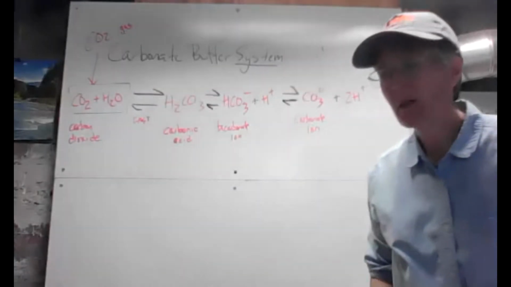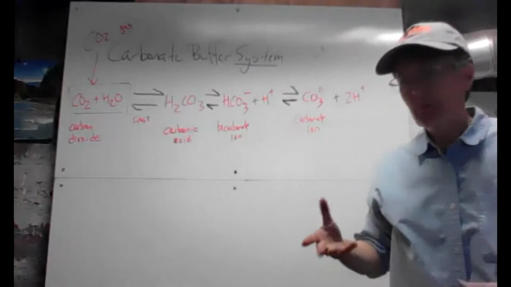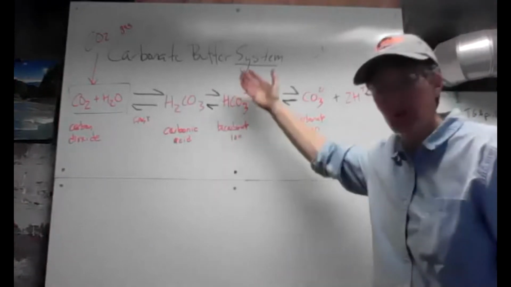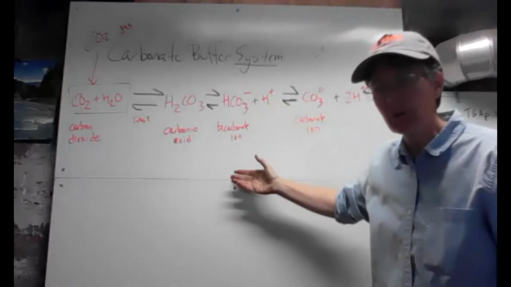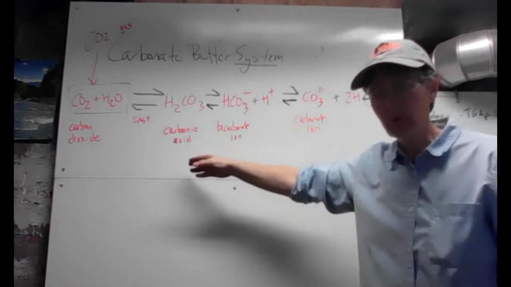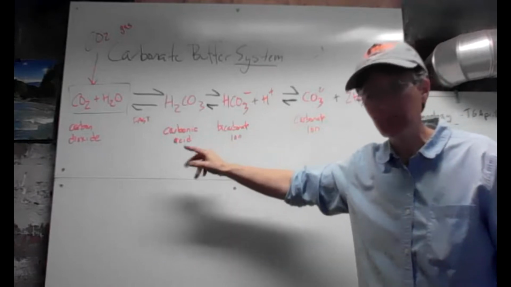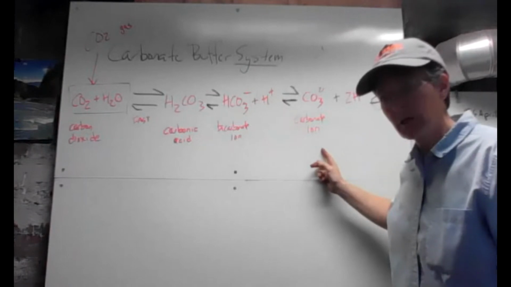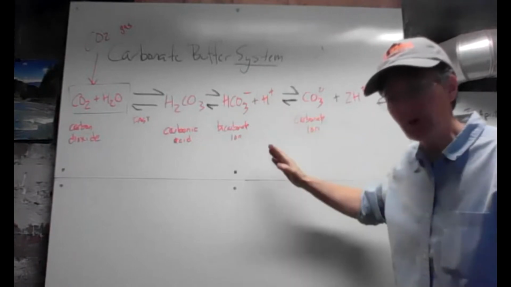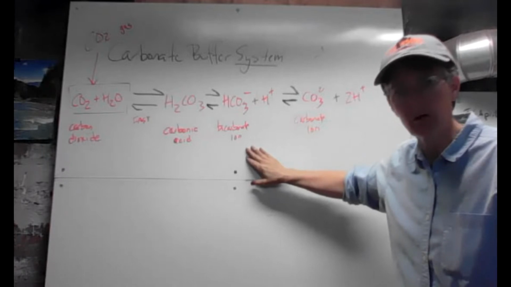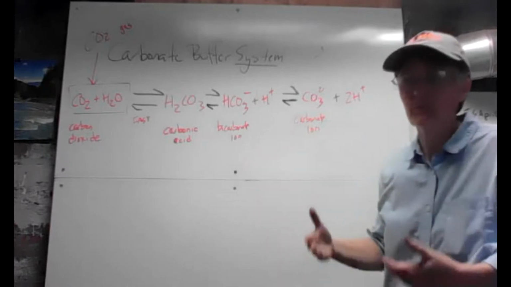Let's say that you've got a lake and it's basically dominated with bicarbonate ions. There's some dissolved CO2 and carbonic acid, and there's some carbonate ions, but the bulk of it is in the form of bicarb. Okay, so that's our lake.